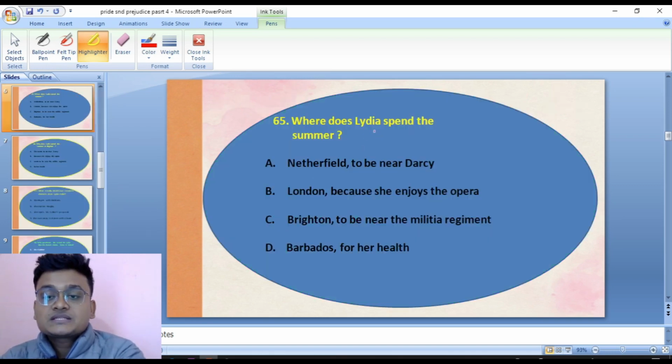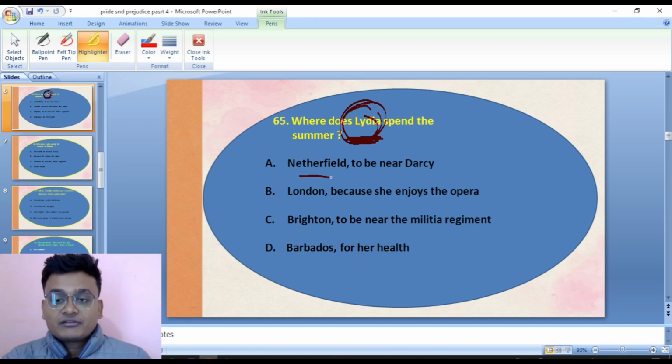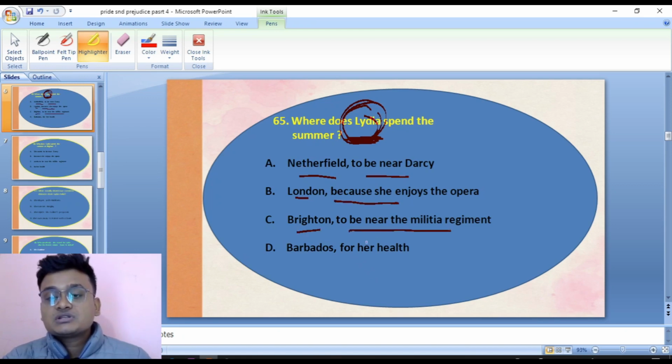Where does Lydia spend the summer? Lydia, the youngest girl of the Bennet family, the youngest sister Lydia spent the summer where? The options are: Netherfield to be near Darcy; London because she enjoys the opera; Brighton to be near the militia regiment; or Barbados for her health.